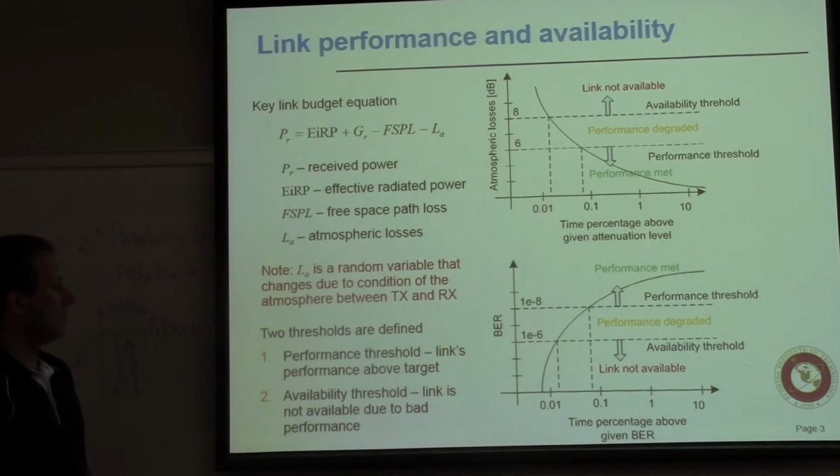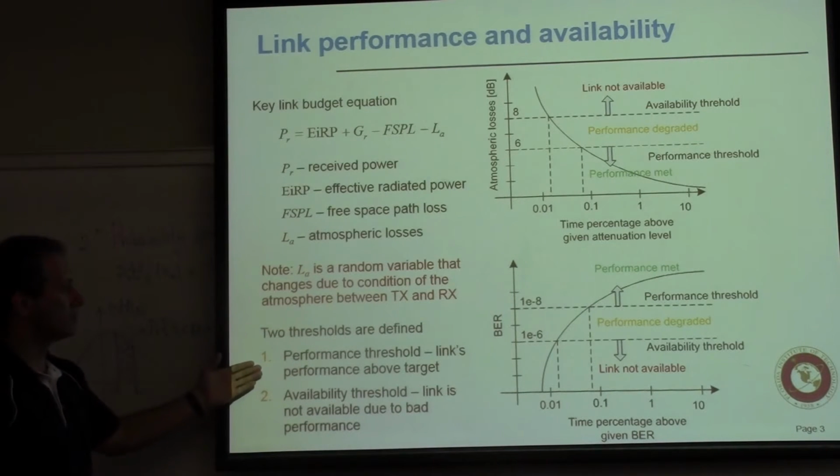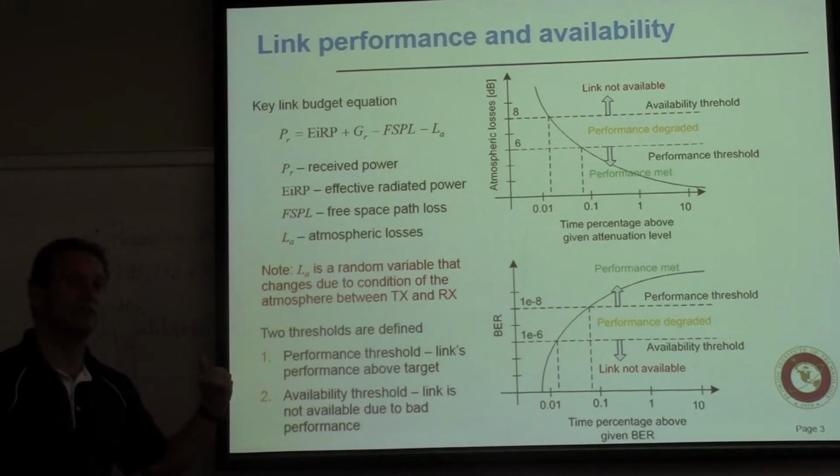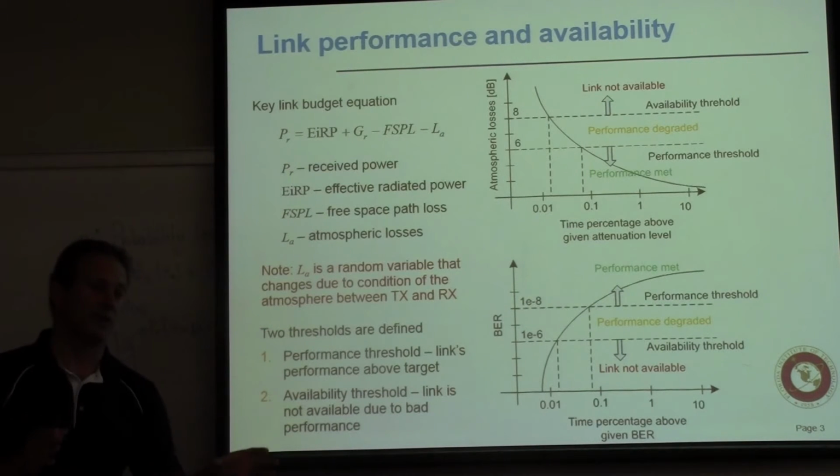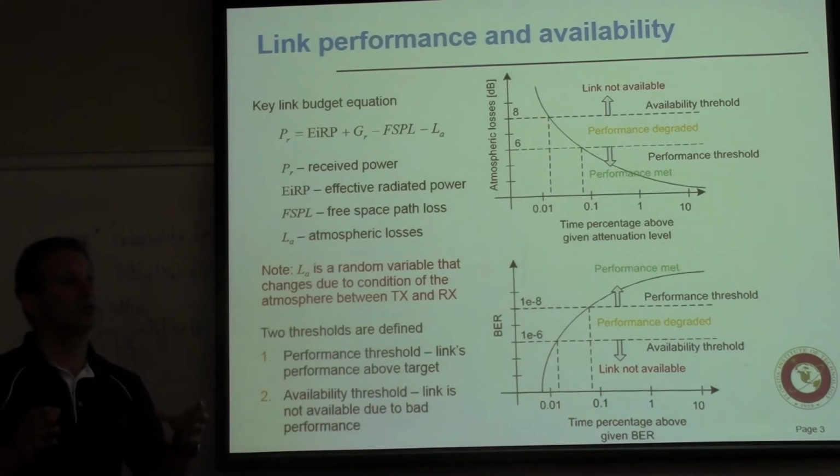And we have two thresholds here that are defined. The first one is the performance threshold. You have to say, okay, my link needs to exceed this performance threshold. In digital links, in analog links, that threshold is the carrier to noise ratio, right?